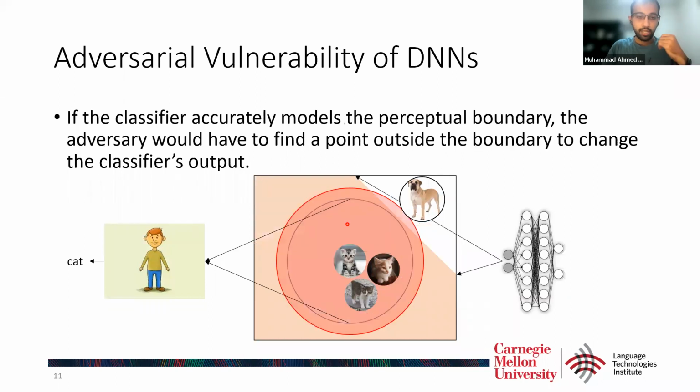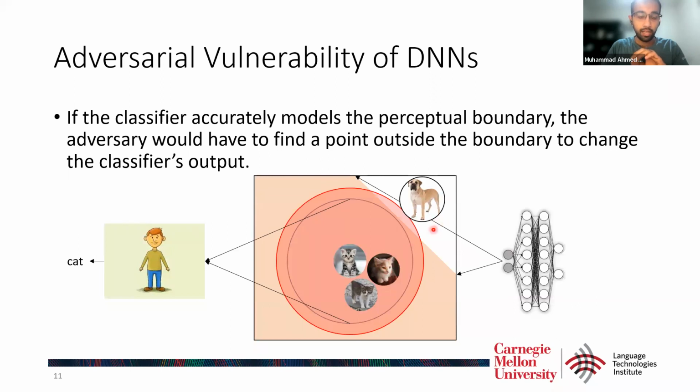In contrast, if there was a model that would learn this boundary, this one, that fully encapsulates the human's decision boundary, it would not be possible for an adversary to modify any image such that the human still calls it a cat while the model calls it a dog. Because for the adversary to modify an image such that the classifier starts calling it a dog, this image, for example, would have to move over here.